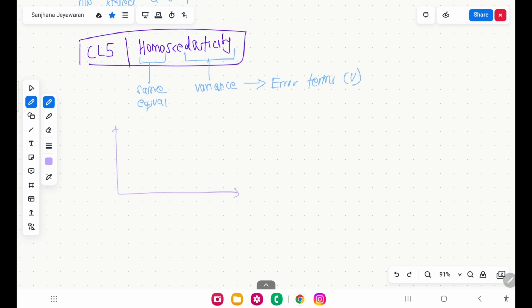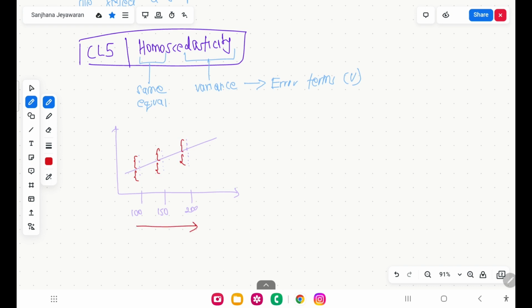According to CL4A, we say our x's are fixed in repeated sampling. So we have 100, 150, 200 likewise. Then we get the y values for that. If you draw the population regression function, the variance of the errors should lie at an equal distance from the predicted line. Basically the variance of the errors is equal even while x's are increasing.